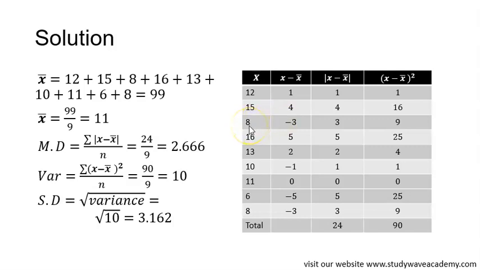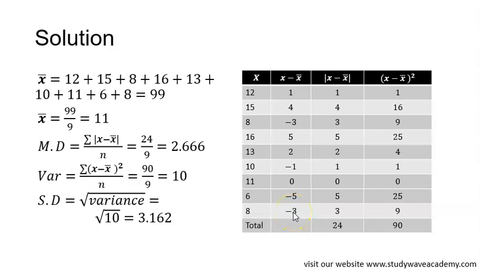Then the next, 8 minus 11, is going to give you minus 3. 16 minus 11 is 5. 13 minus 11 is 2. 10 minus 11 is minus 1. 11 minus 11 is 0. 6 minus 11 is minus 5. And 8 minus 11 is minus 3.